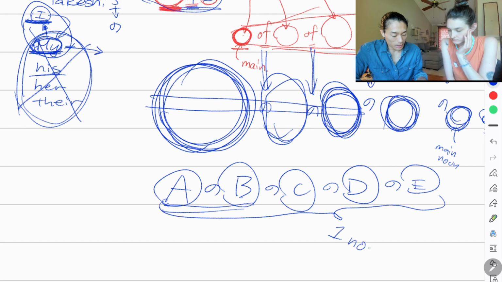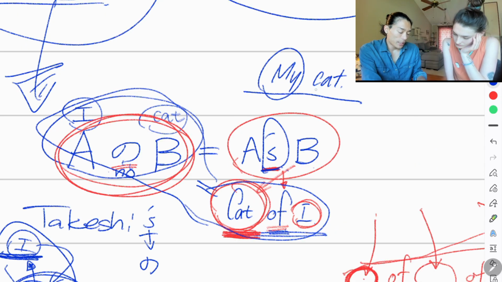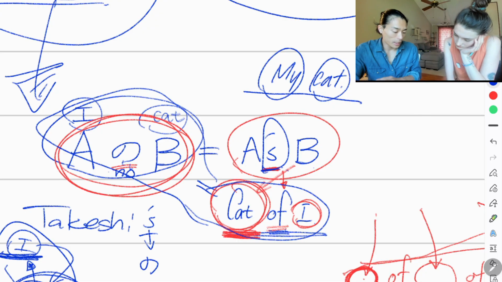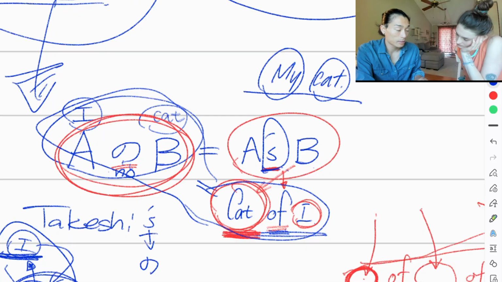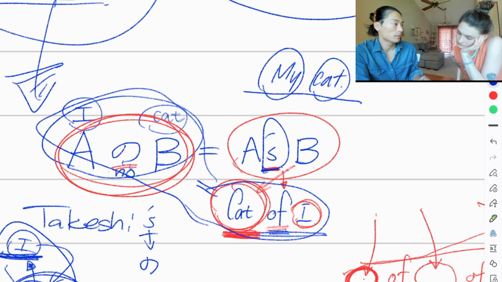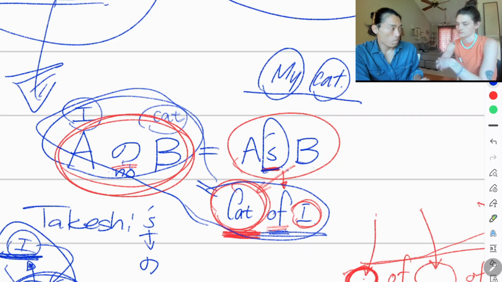For example, when you say "my cat," is it talking about two different entities, I and cat, or is it talking about one entity? I think one, because you're talking about the same thing, me and my cat, we're together. Right. For example, if I say "my cat farted," how many entities farted? One, right?